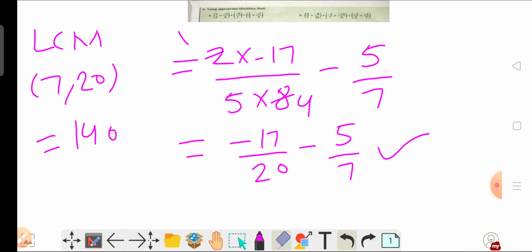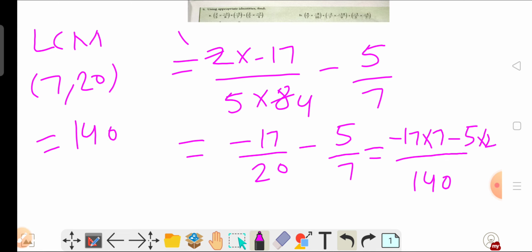After taking the LCM, when we divide 140 by 20, it becomes 7. So minus 17 should be multiplied by 7. The minus sign remains as it is. When we divide 140 by 7, we get 20. So 5 should be multiplied by 20.